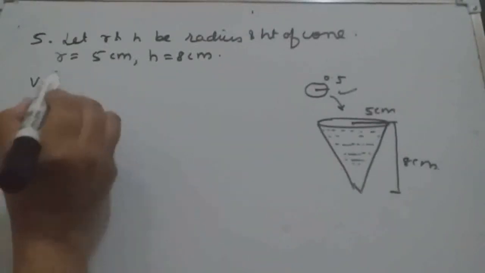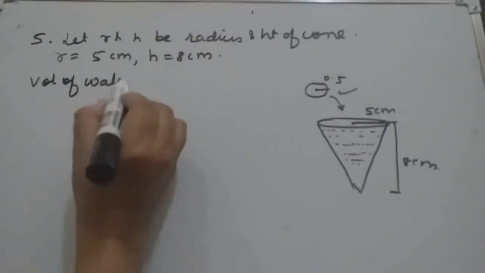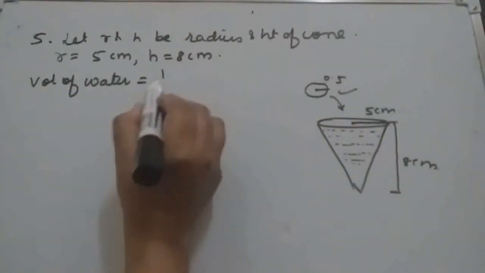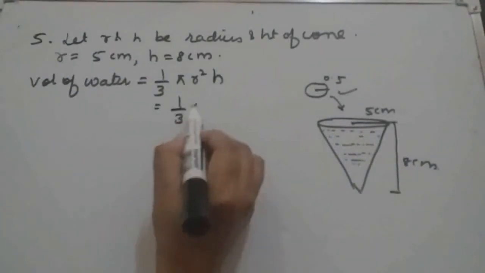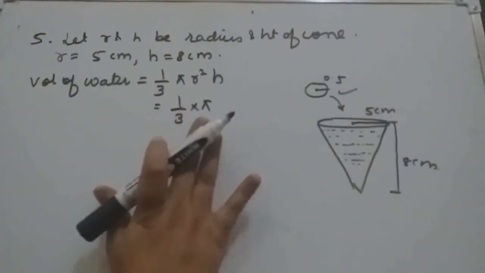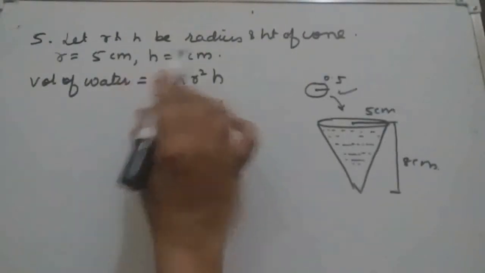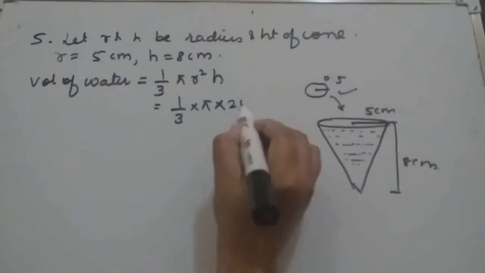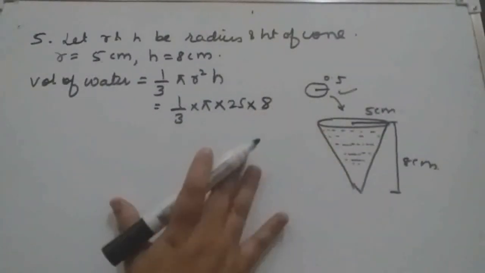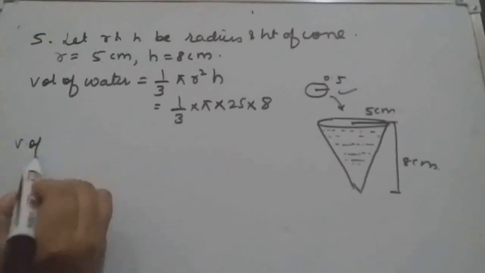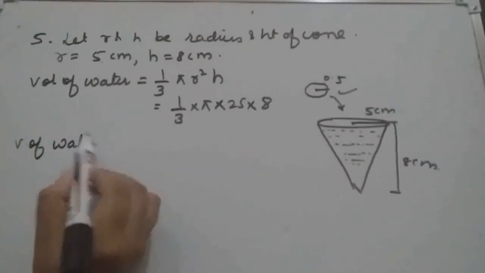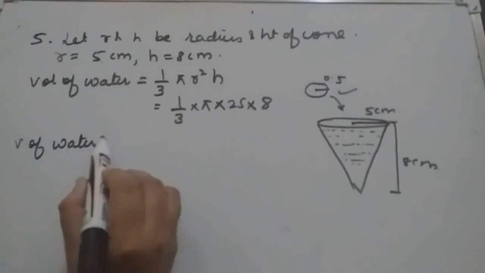So the volume of water inside is 1 by 3 pi r square h. The value of pi, there is no need to substitute now. R square is 25, h is 8. Then it is given that the volume of water flowing out is 1/4 of this volume present.